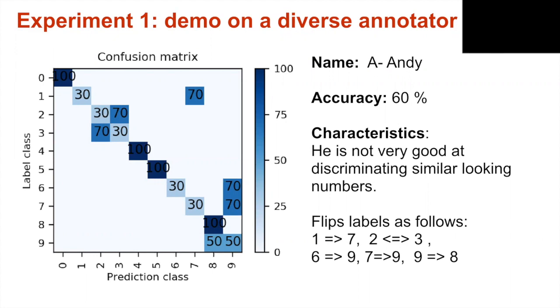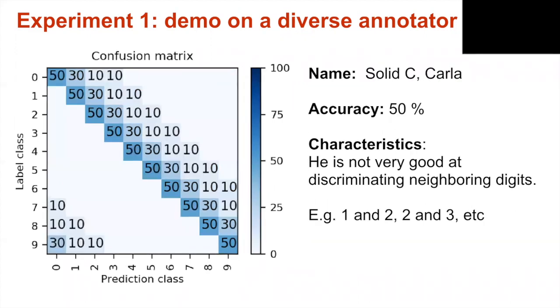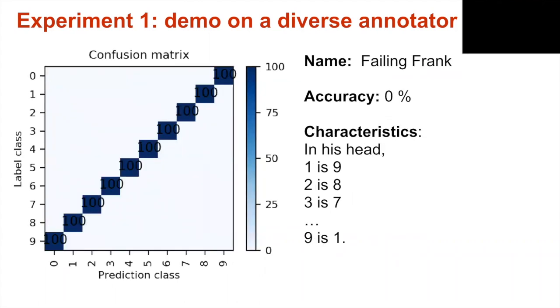So he tends to mix up, for example, 1, 7, 2, and 3, 6, 9, and so on. And then Carla, and she's not very good at discriminating digits. So for example, 1, 2, 2, and 3, and etc. And Fading Frank, who has 0% accuracy, and he has a fundamental misunderstanding of what numbers mean. So he thinks 1 is 9, 2 is 8, and so on.